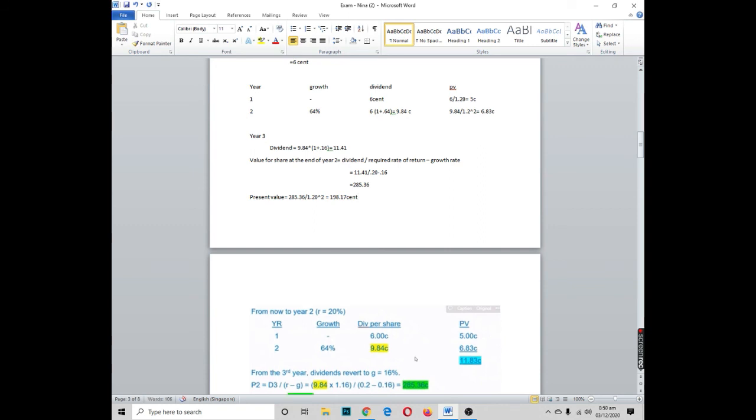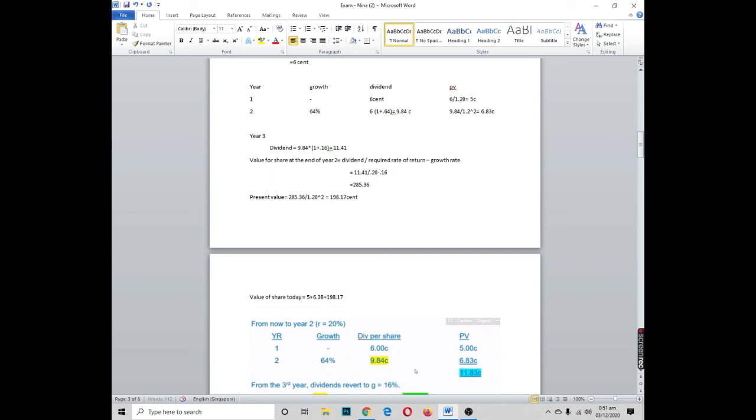So now we have found the values for year 1, year 2 and year 3. Now we put all the values in one place to get the value of share today. Value for first year 5 cent, for second year 6.38, for year 3 we calculated present value 198.17 cent.